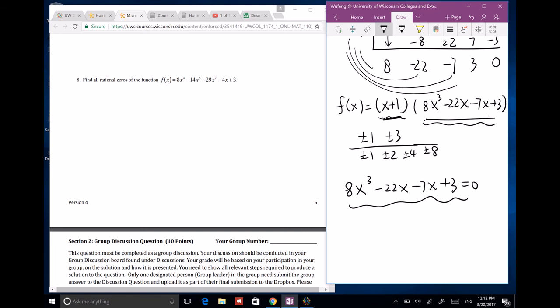So basically what you need to do, you check f(1), f(-1), f(1/2), f(-1/2), and f(3), f(-3), f(1/4), f(3/4), f(-3/4). See which one gives you zeros.